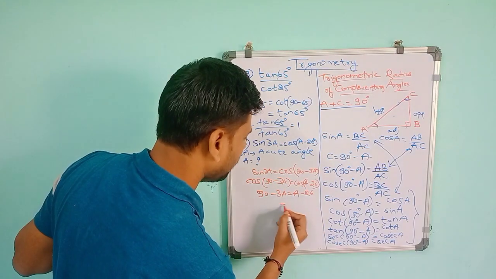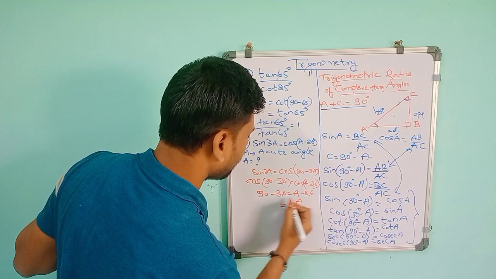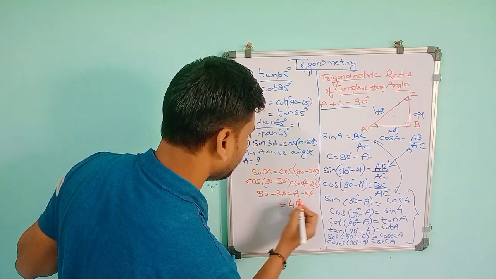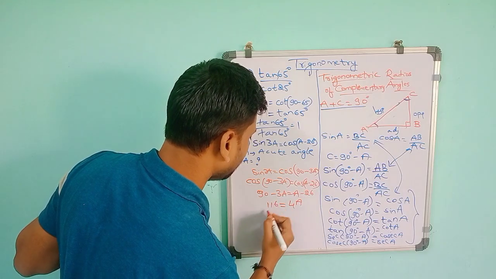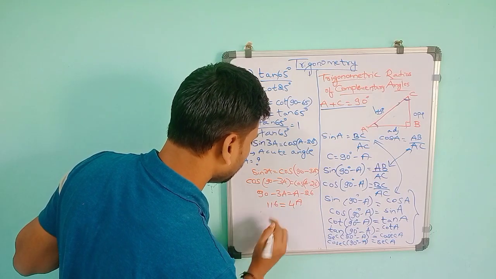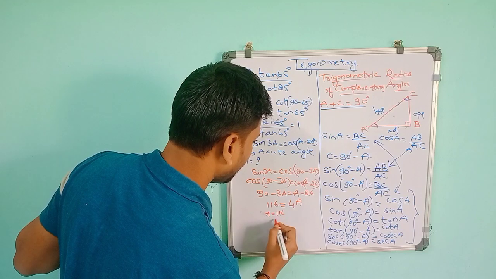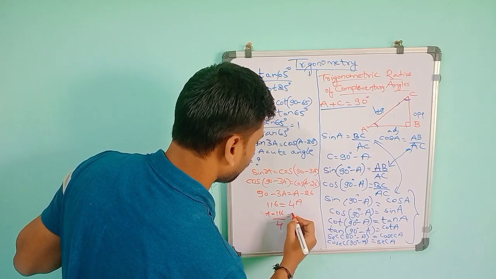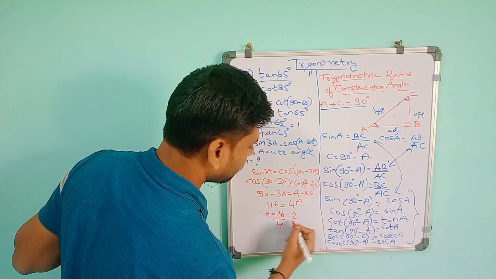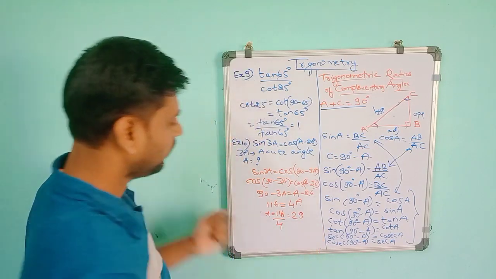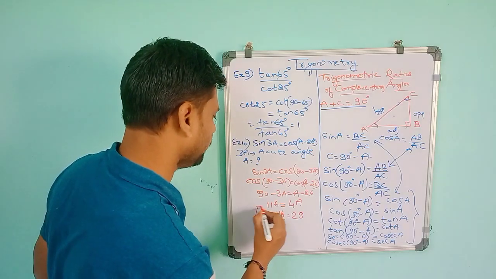So if you shift 3a to this side, it will become 4a, because A plus 3a is 4a. And 90 plus 26 will be 116. So A is equal to 116 by 4. 4 eights are 32, 3 remaining 6, so 36, 29. So the value of A is 29.